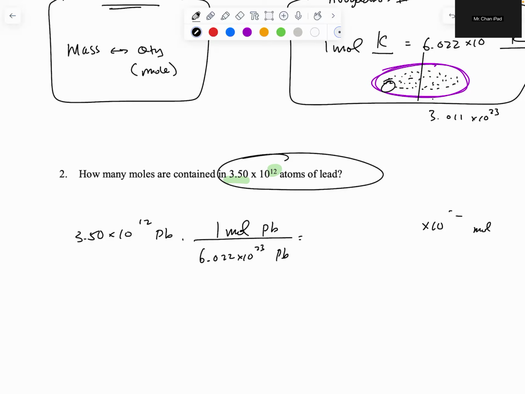Way, way more than 1 mole, and that makes no sense. And so I hope you understand what I mean by psychological right here. It's the appearance of the number that makes students feel uncomfortable. 10 to the negative 12 power. That would be the number of moles that we are having, a tiny little fraction of a mole.